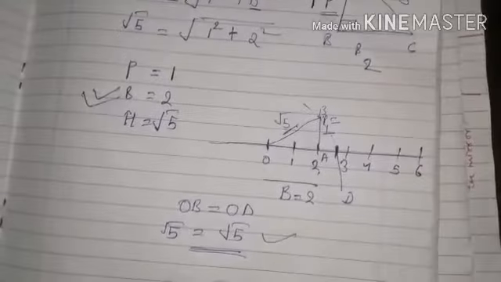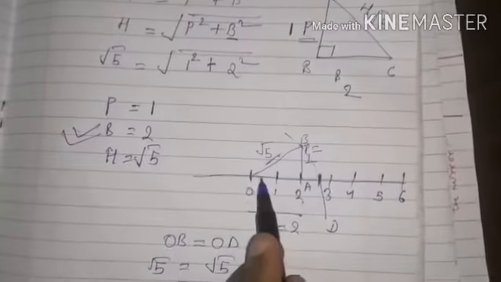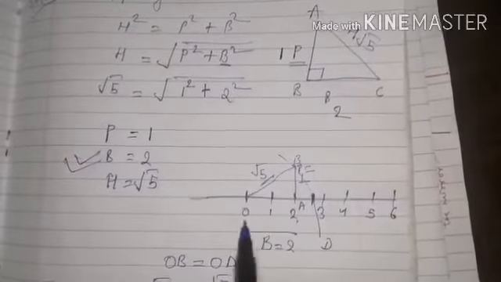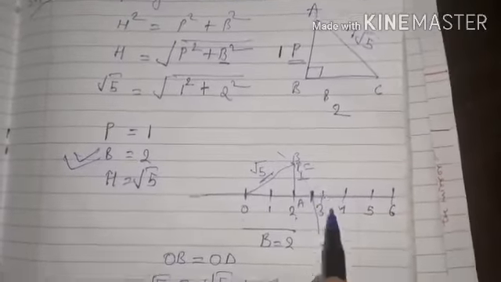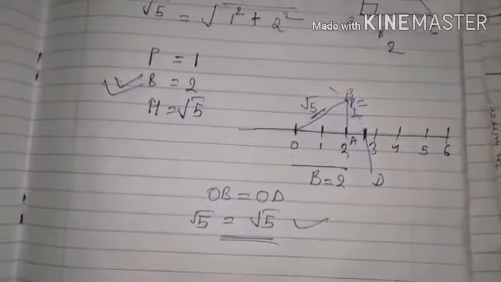Hence we can plot the number on the number line. So OD is our number which is directly pointed on the number line.